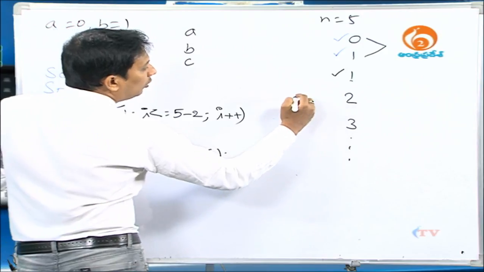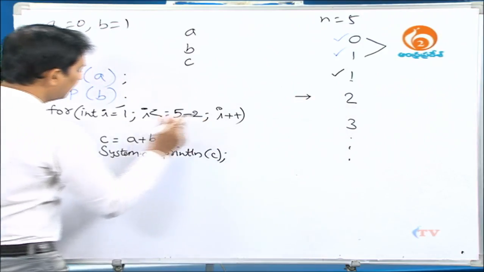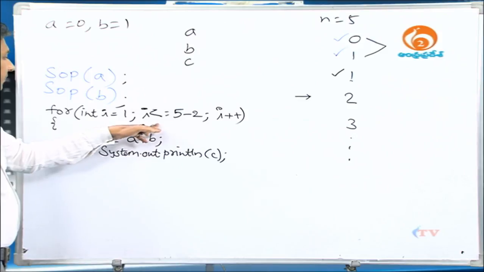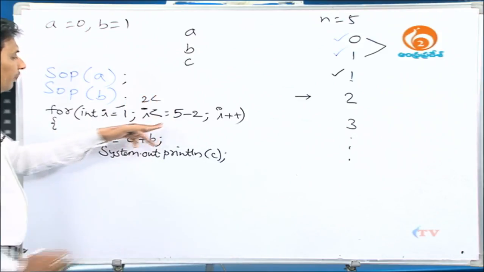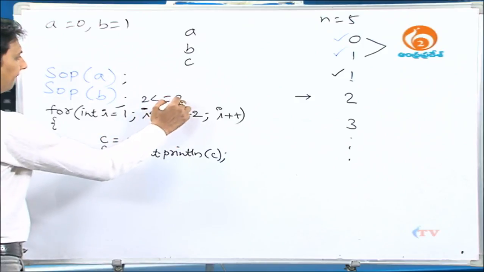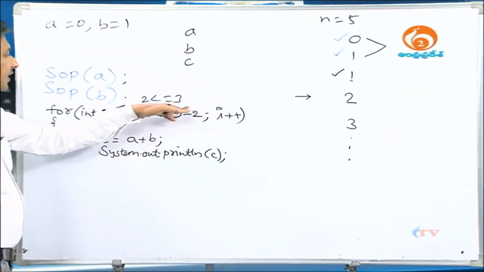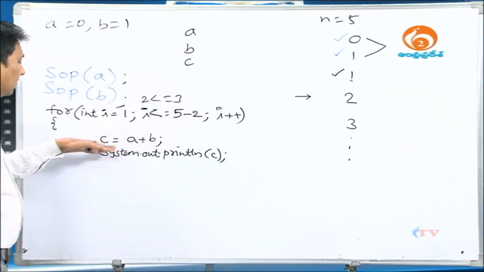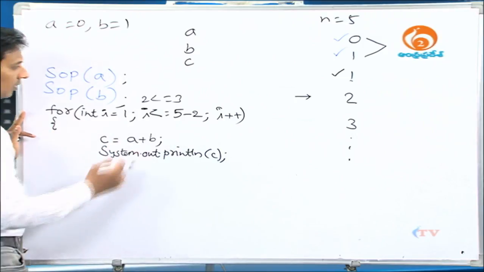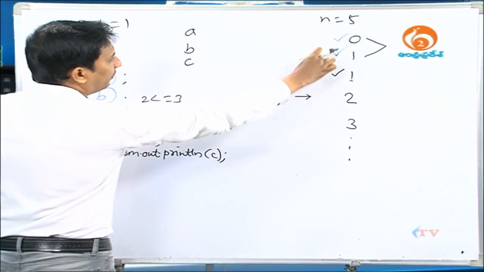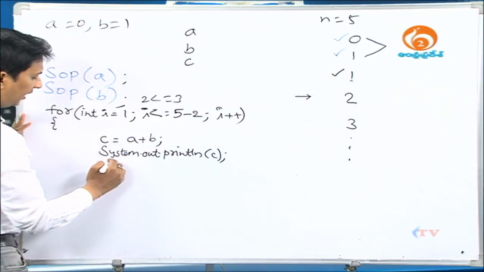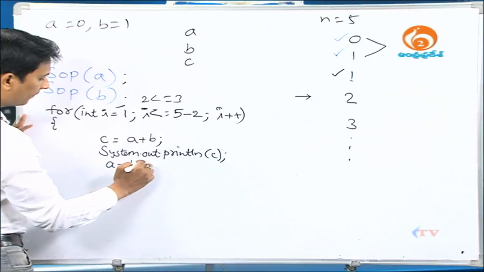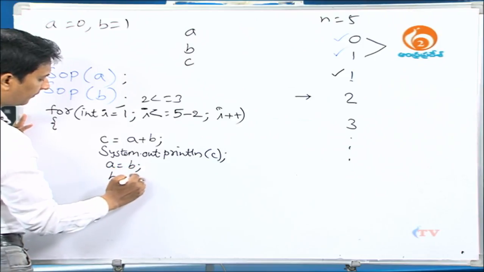Now i becomes i plus plus, that is, the i value is 2 now, and 2 is less than or equal to 3, so the condition becomes true. So this is a and b. To interchange, I am writing a equal to b, b equal to c.